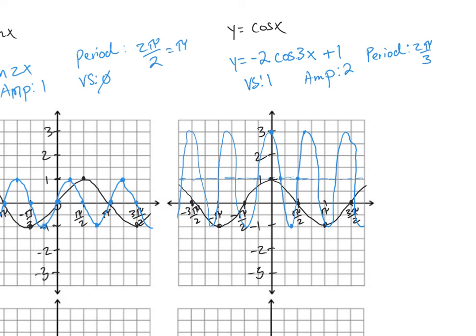So this is positive. If I wanted to do a negative, then I needed to flip it upside down. I'll draw that in red right here. That would have been the flipped upside down version of that, like so.